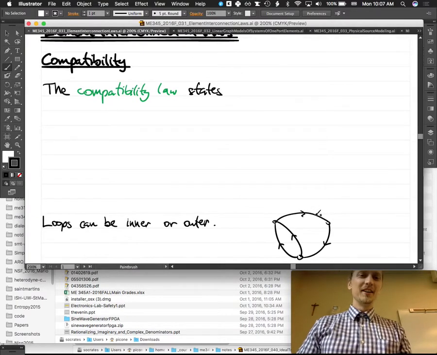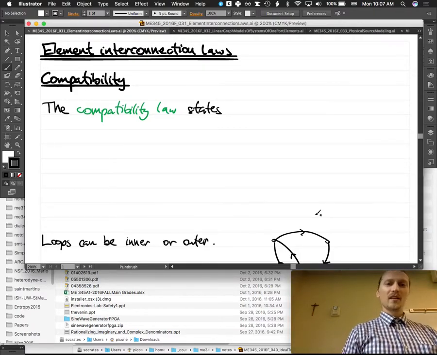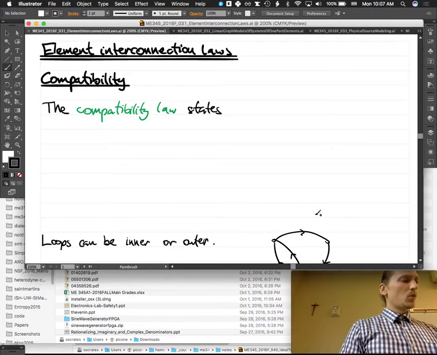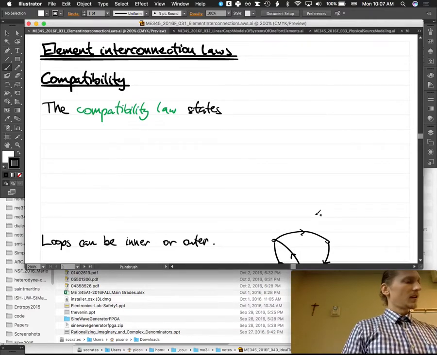All right, so we're going to talk about element interconnection laws, which is note set 31. If I can find them, that would be great.